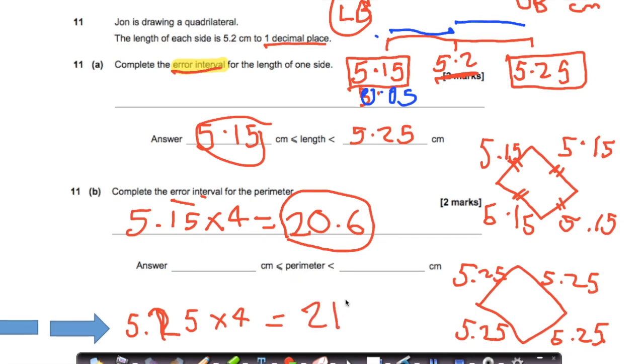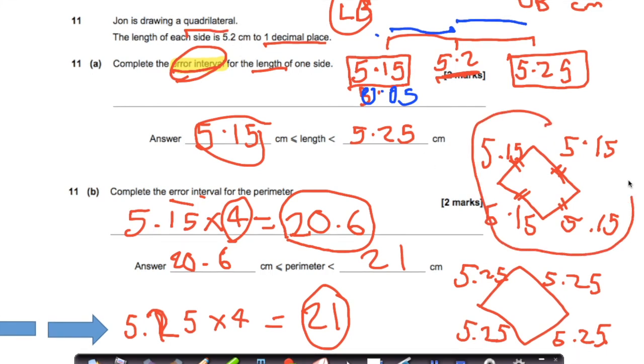So therefore, the error interval for the perimeter will be, it could have been 20.6. That's the smallest value, and the largest value it could have been is 21. It's the error interval for each length.